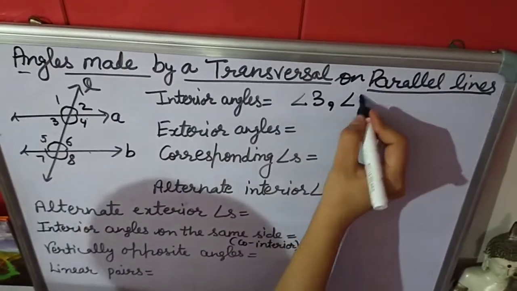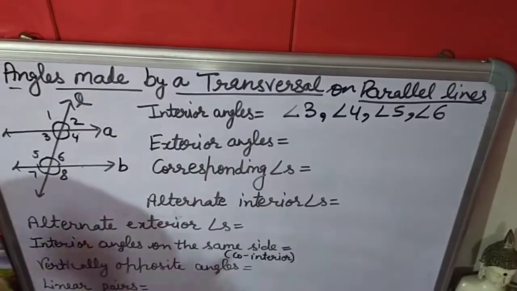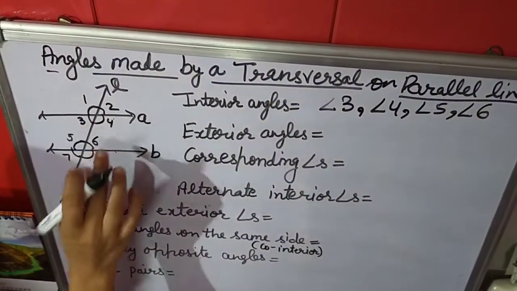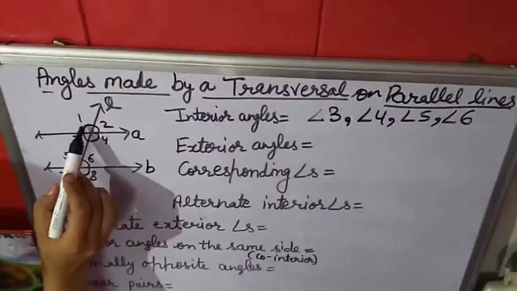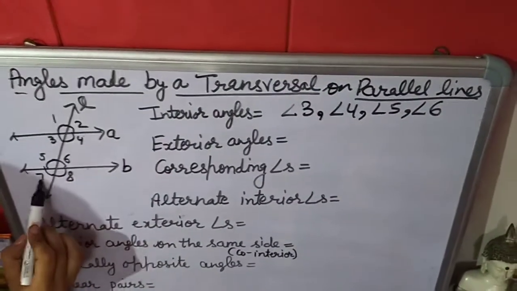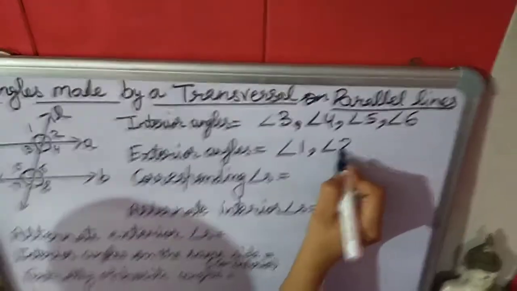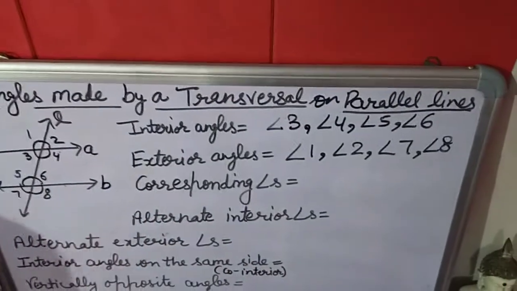And exterior angles are the angles coming outside of the parallel lines: angle 1, angle 2, angle 7, and angle 8.